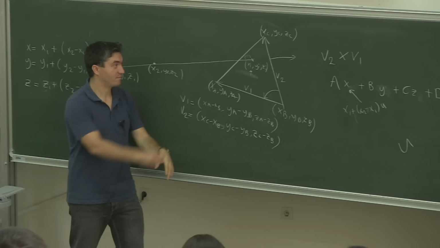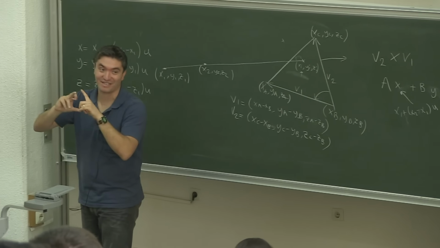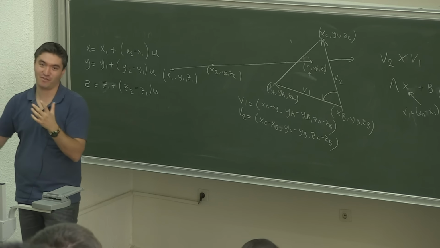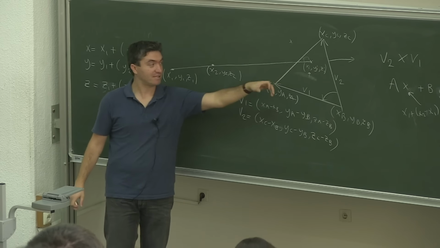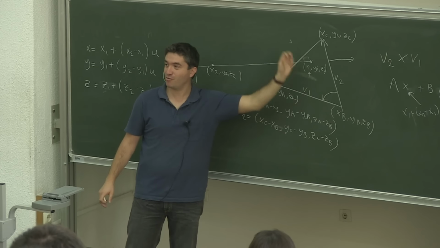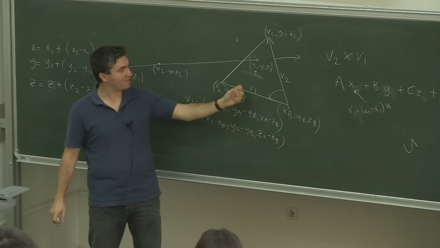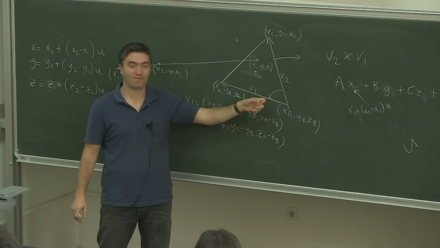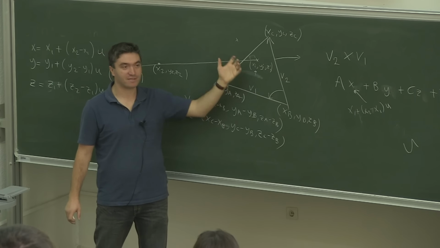Actually, the intersection may be somewhere here. It's not guaranteed to be inside the triangle. We've just found the intersection of our line with the plane. But after we find this point, we can use the triangle point inside-outside tests, similar to what we did before, checking whether this point is on the left of each of these line segments.